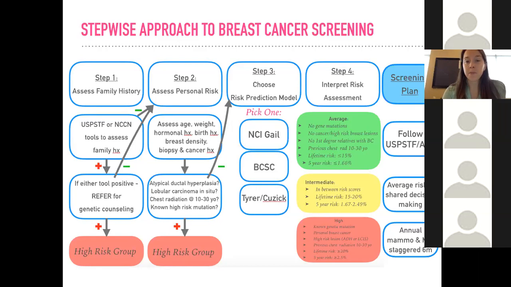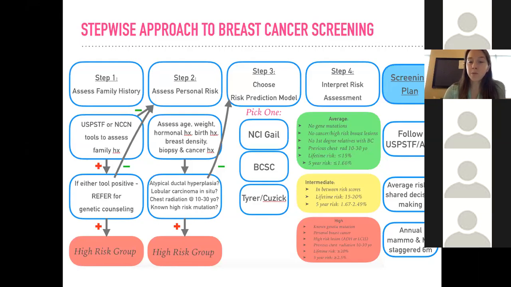Just emphasize again, the BCSC and the Tyrer-Cuzick model are the more commonly used models in primary care. BCSC is great if patients are really worried about breast density. We can add that detail in. And then the Tyrer-Cuzick model is slightly more cumbersome, but also super, super important for patients who have very complex family history.